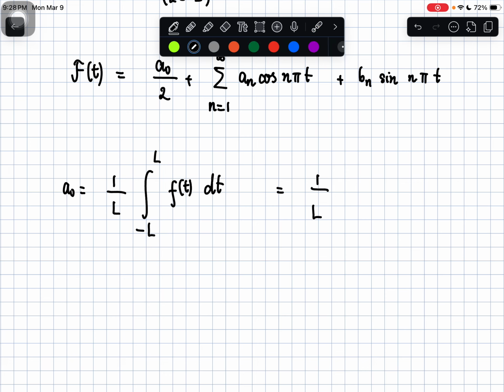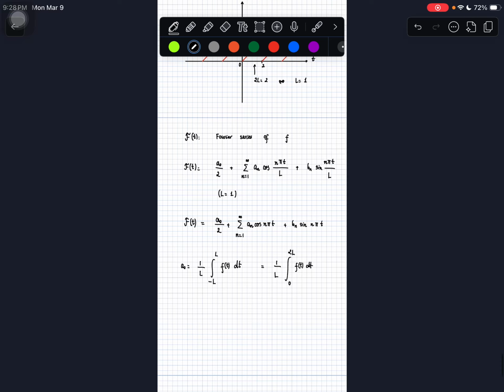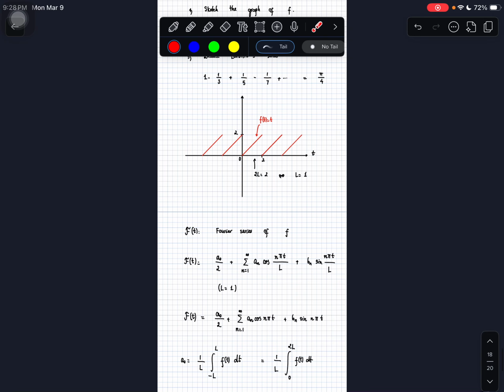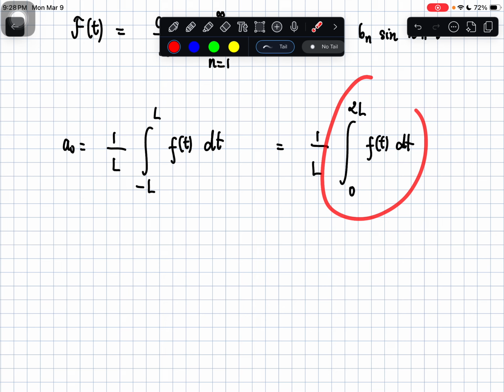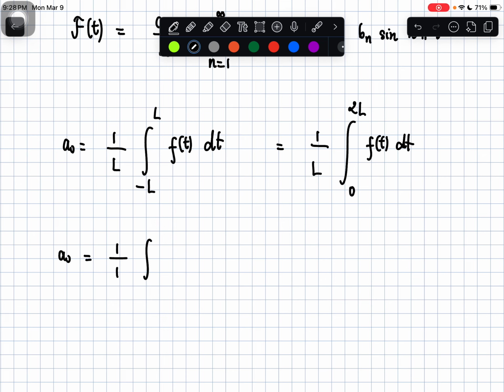I choose 0 to 2l, and because we work with the interval 0 to 2, it is more convenient to do 0 to 2. In our case, a0 is 1 over 1, the integral from 0 to 2 of f(t) equals t dt.